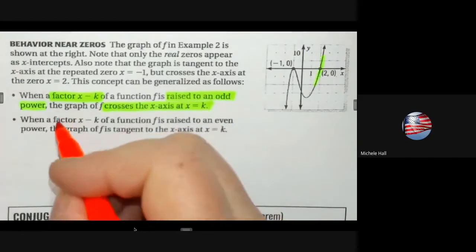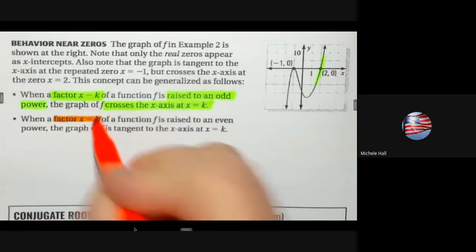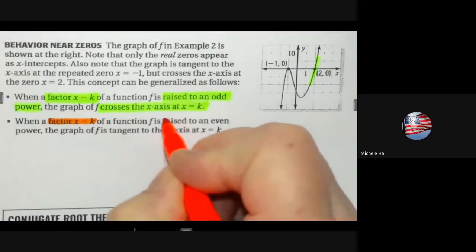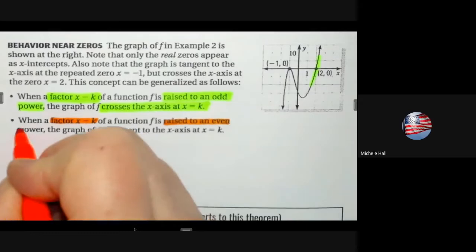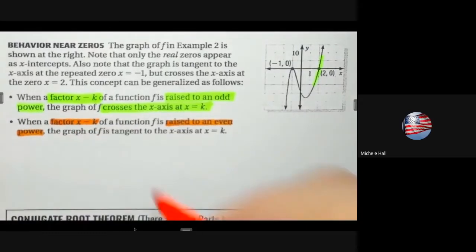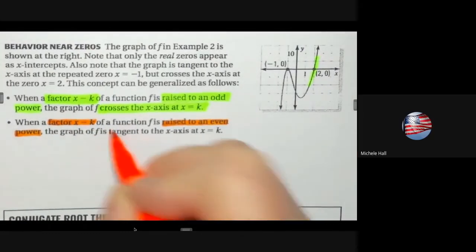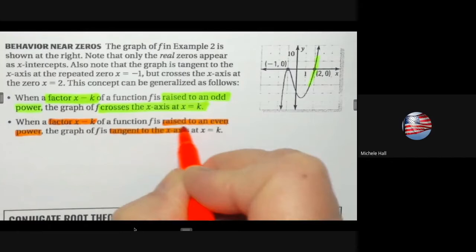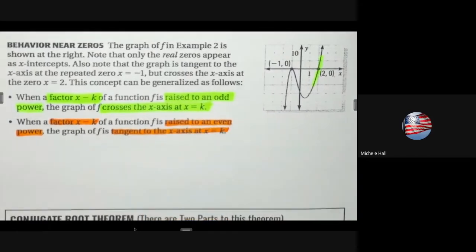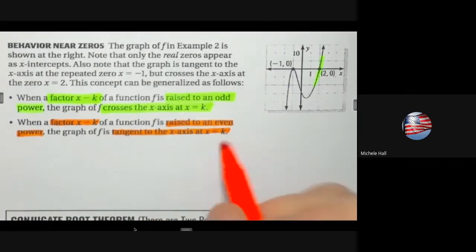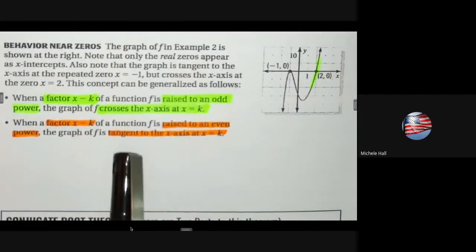When we have a factor and it's being raised to an even power, then it is tangent to the x-axis at x equals k. What does it mean to be tangent?